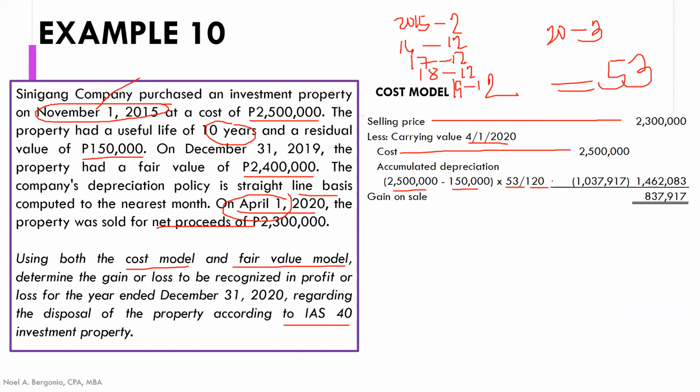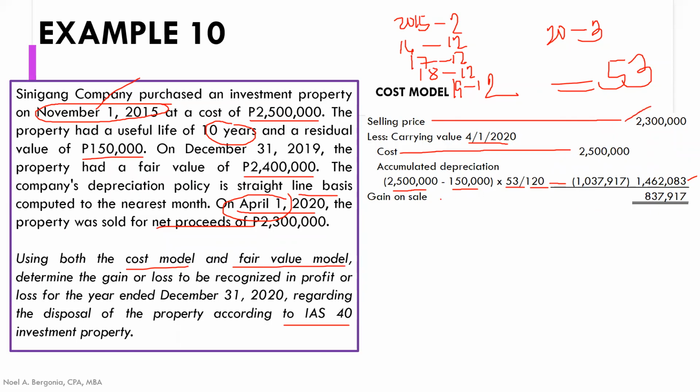So the total accumulated depreciation until the date of disposal was 1,037,917. We deduct that from the cost, so the carrying value was 1,462,083. And as you can see, the proceeds are larger than the carrying value.